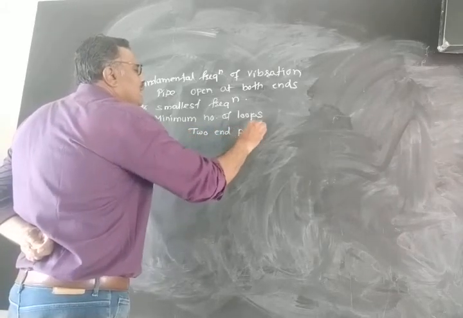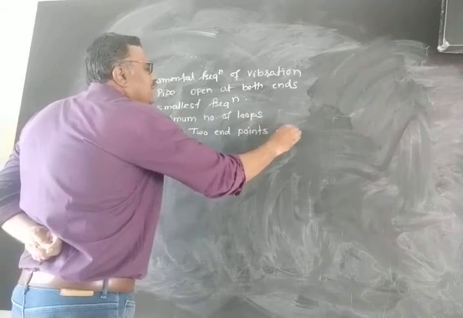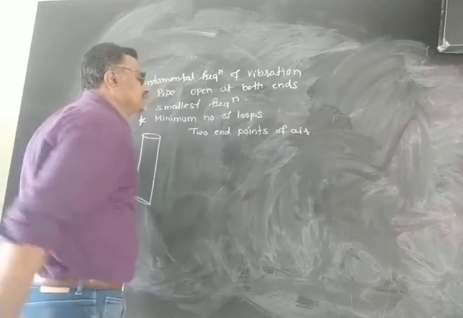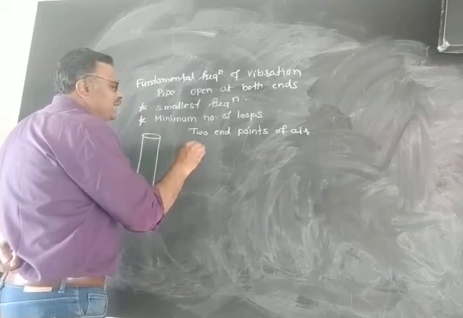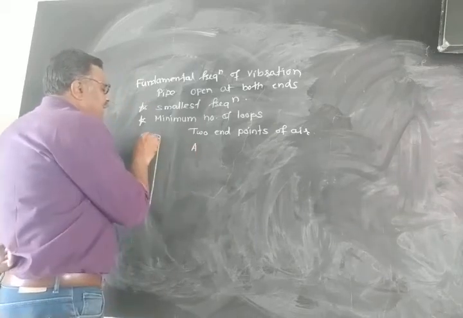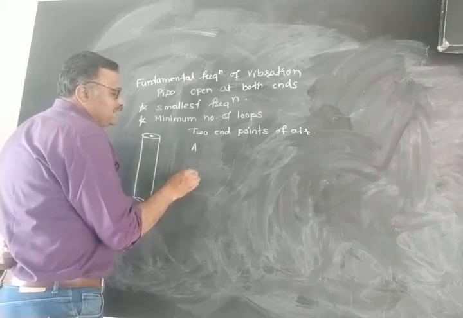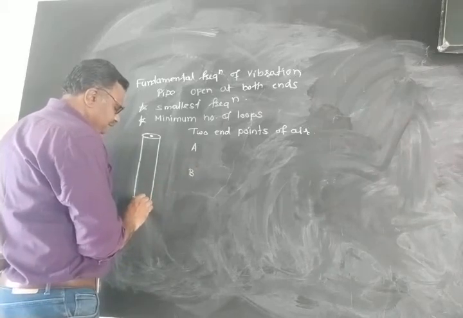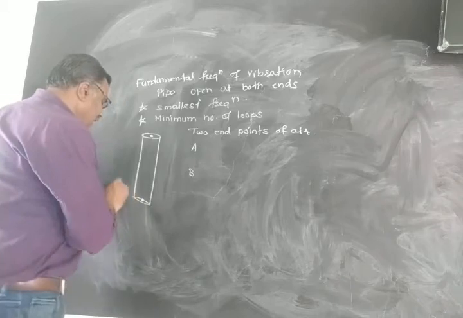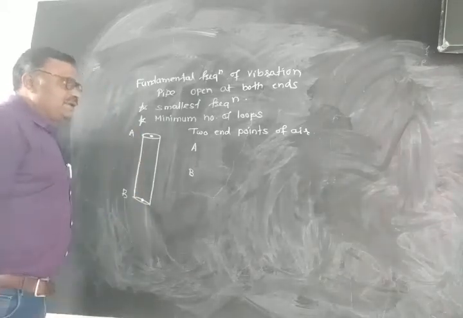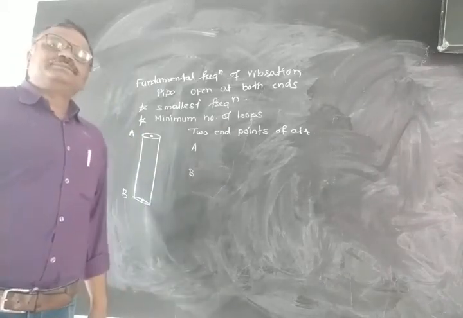Consider two end points of the air column. The upper end point is denoted by A, and the lower end point is denoted by B. A and B are the two different end points of the air column.